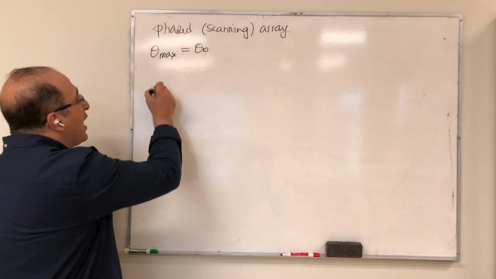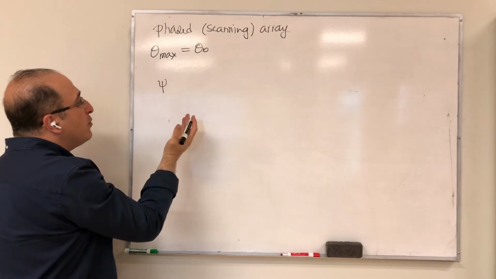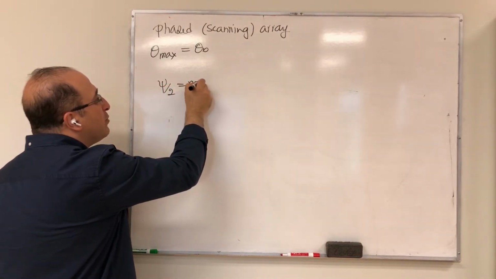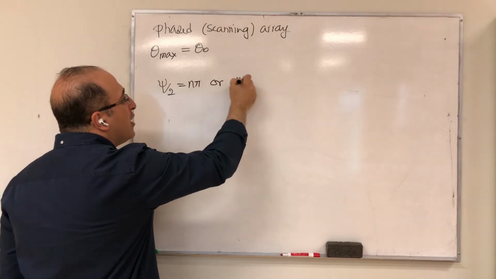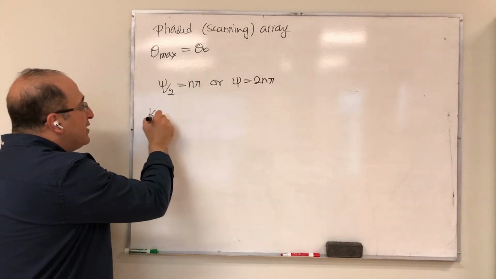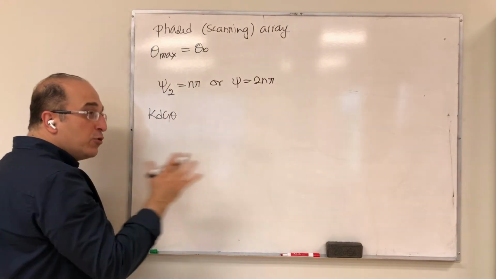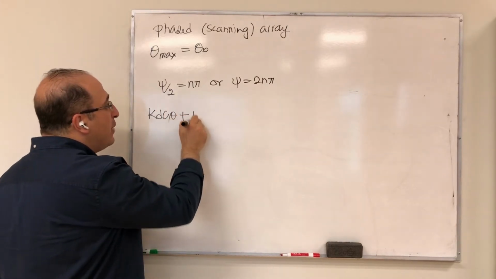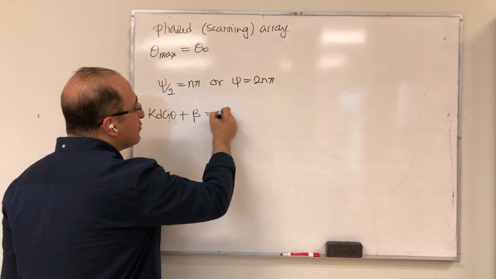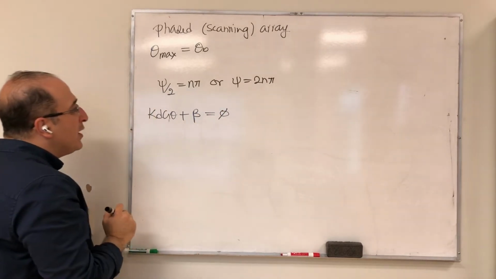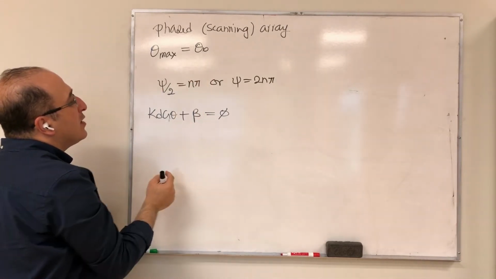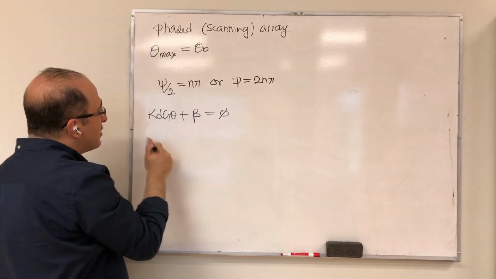We said to have the maximum radiation, psi divided by 2 should be n pi, or psi should be 2n pi. Psi was kd cos theta, that's the phase due to distance, and beta is the electric phase that we have, and we chose the simplest one, which is 0. And of course, now you say, I want my maximum to be at theta naught, so I want to satisfy that for the maximum.